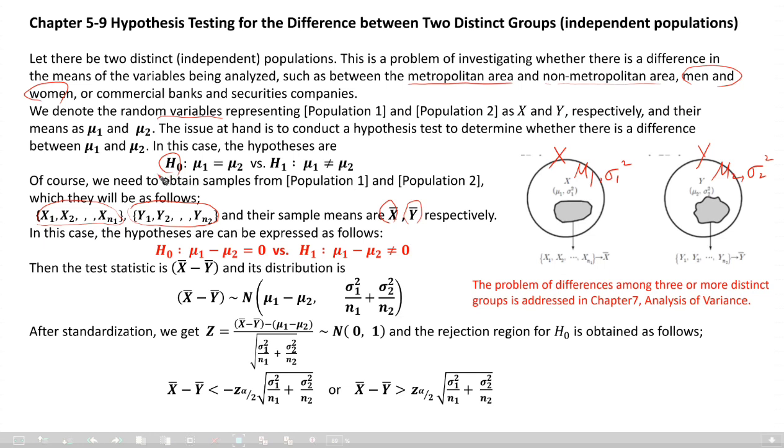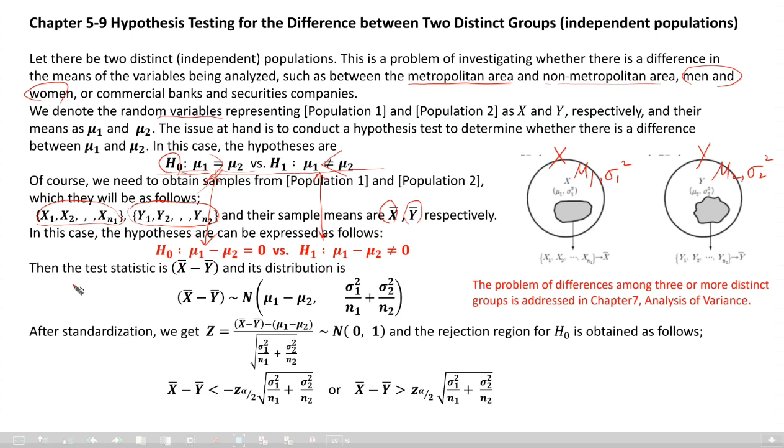How to test this hypothesis looks complicated, but it will be changed to H0: mu1 minus mu2 equal to 0 versus H1: mu1 minus mu2 not equal to 0. Equivalent, same thing. You may test one-tailed hypotheses too. This one is two-tailed, but one-tailed means H0: mu1 greater than or equal to mu2, H1: mu1 less than mu2. Those hypotheses are possible, as we did in testing hypothesis with one population.